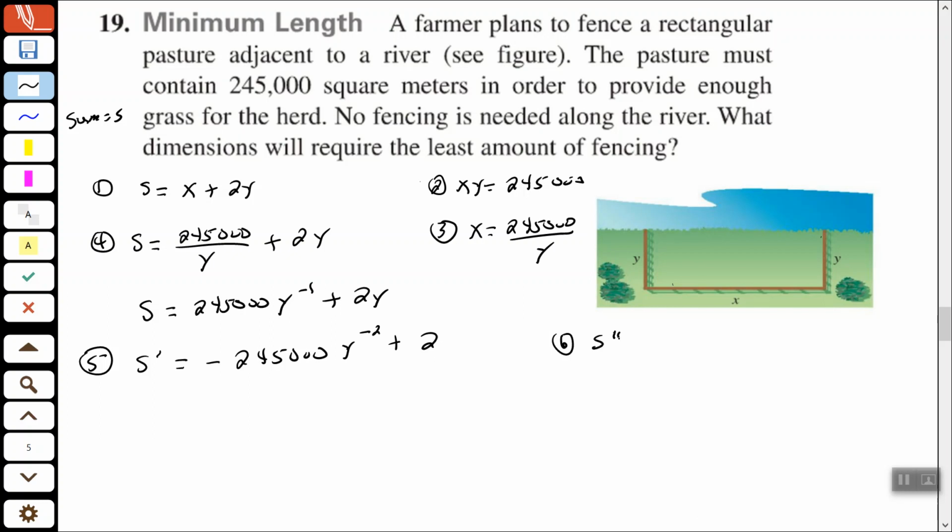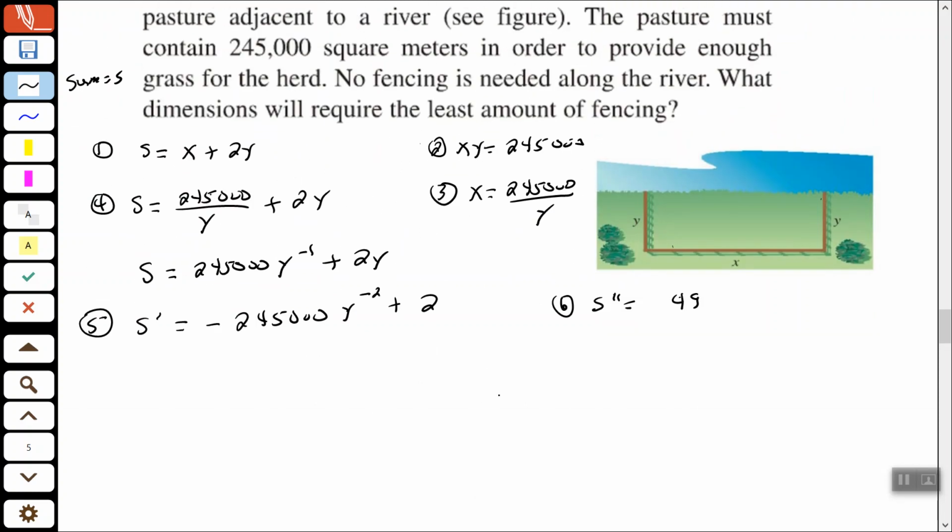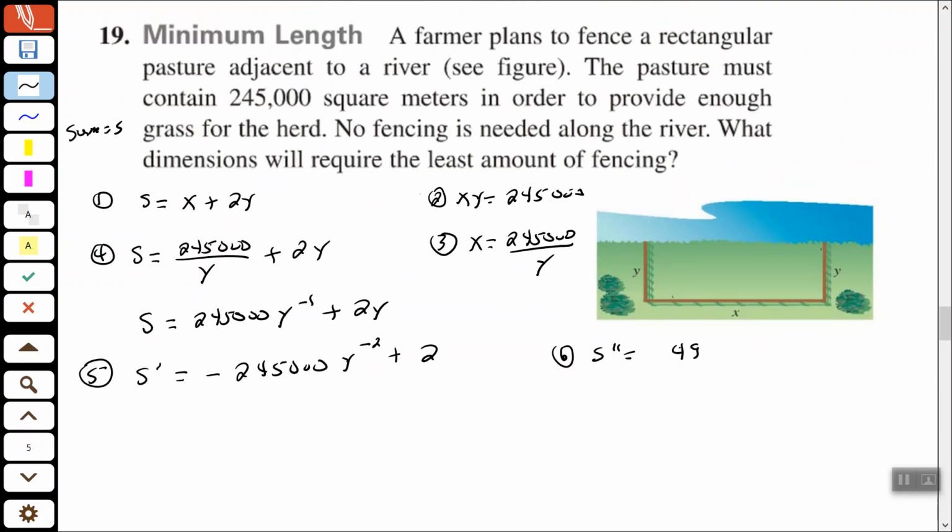The second derivative is negative 490,000 times negative, which gives positive 490,000 y to the negative third.